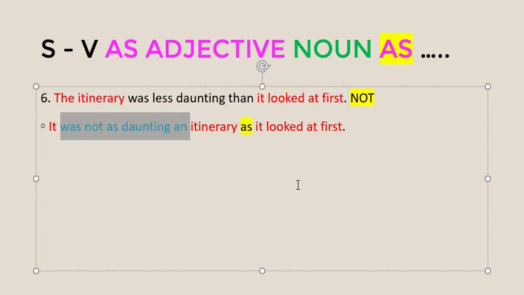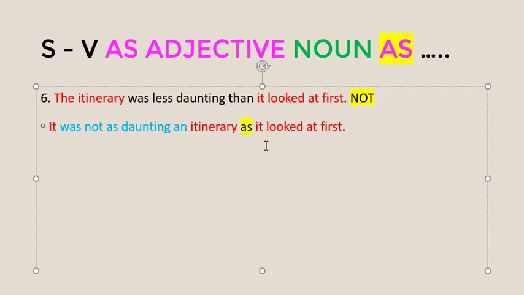It, the subject, the verb is "was not", it has to be in negative form, and then "as", and then the adjective "daunting", and then a noun. In this case, don't forget to put an article here before the noun.